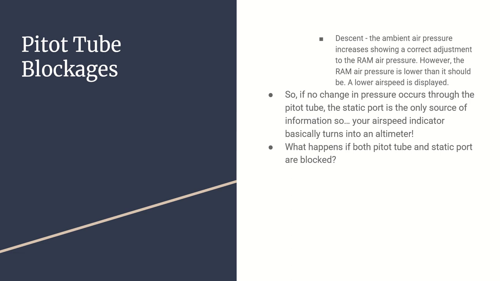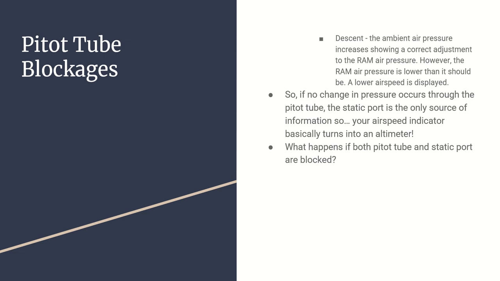So if you have that blockage completely, and you haven't applied the alternate static source, then that's what's going to happen. But if you pull out that alternate static source, then at least you've got a fairly decent and fairly correct measurement of the ambient air pressure. Like I said, it's slightly lower in the cabin, so your altimeter is going to read slightly higher.